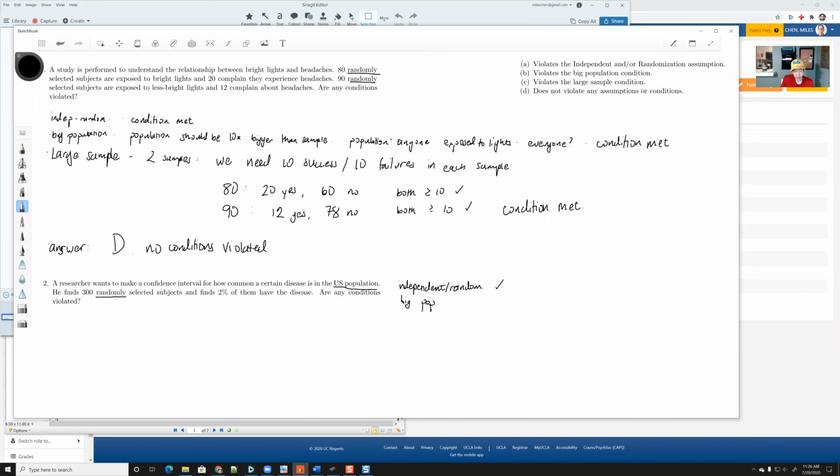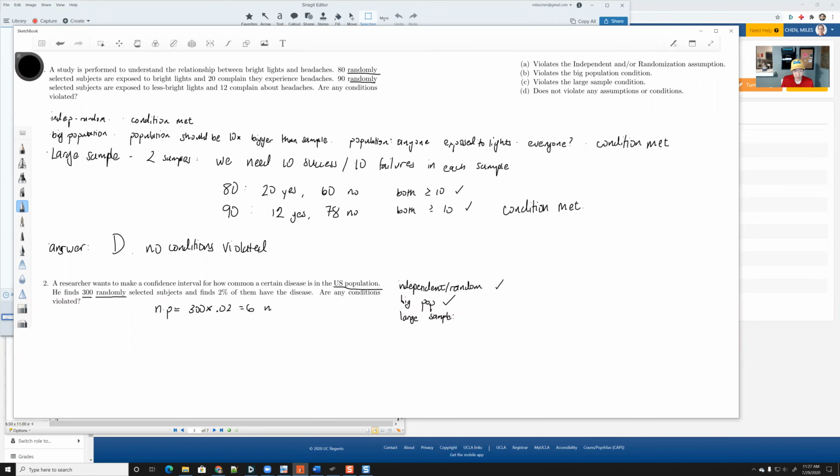Okay. Big population is the U.S. population, and we selected 300. So 300 times 10 is 3,000. U.S. population is bigger than that, so we're fine. Okay. Large sample. Okay, we need at least 10 yeses and 10 nos. So if we do n times p to get how many yeses, we have to do 300 times 0.02, we only have 6, okay?